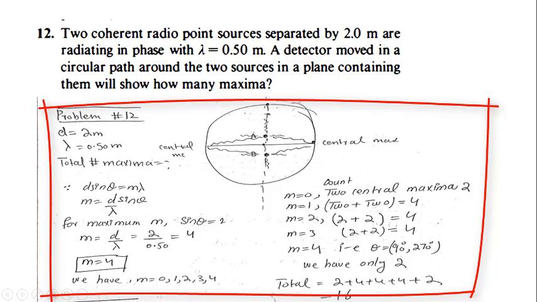So for m is equal to 0 we have two values of maxima. For m is equal to 1, if we have one single screen, we have two values: one for m is equal to +1, above the central point, and one for m is equal to -1, below the central point. On one side of the screen we will have two values, and similarly on the other side we will have two values, so this gives me 4.